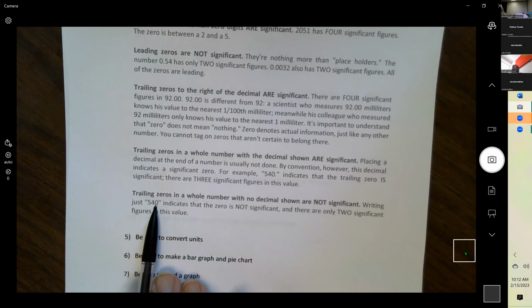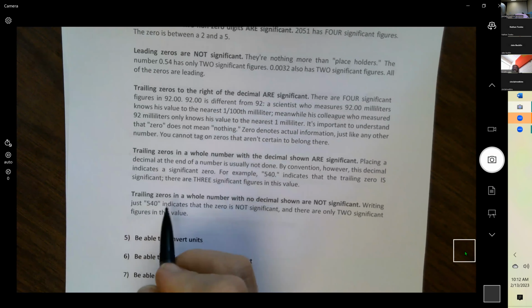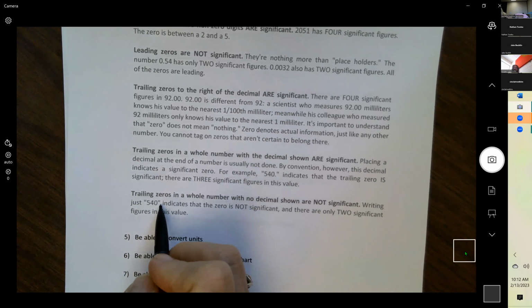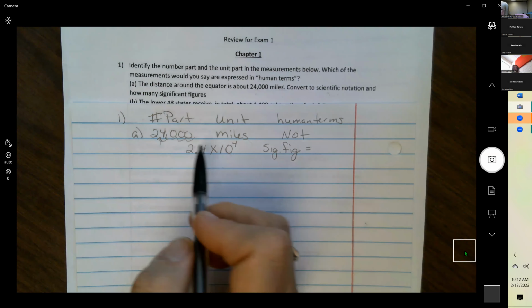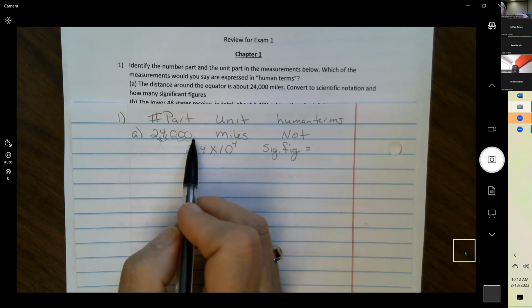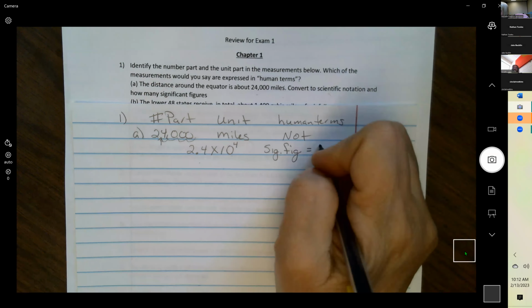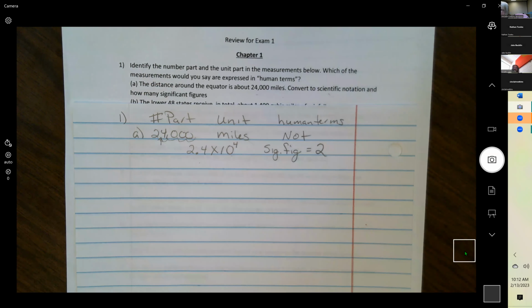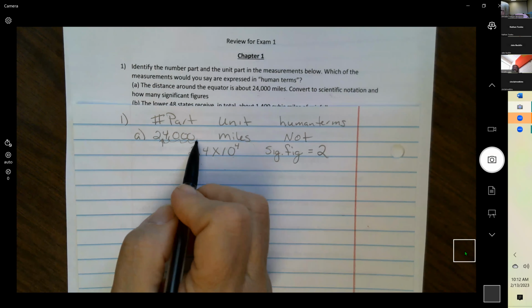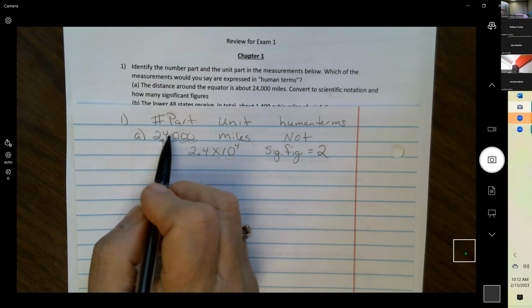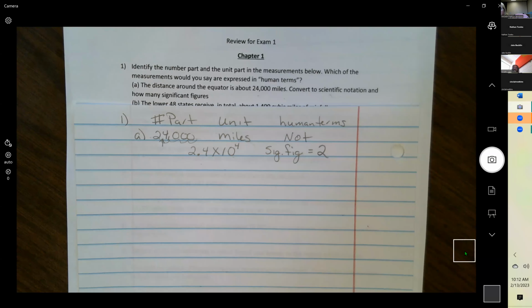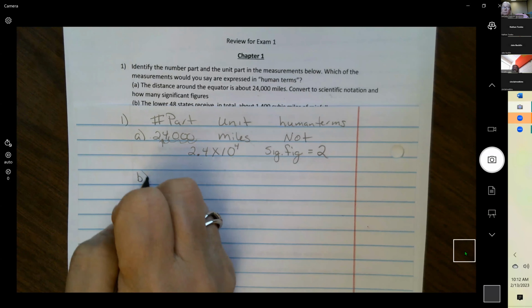There was no decimal at the end. Now, if I put a decimal here, then it makes it significant. There'd be 3 here. So this only has 2 because there was no decimal. Any questions on that? If there was a decimal put here, then it would be 1, 2, 3, 4, 5. Any questions?